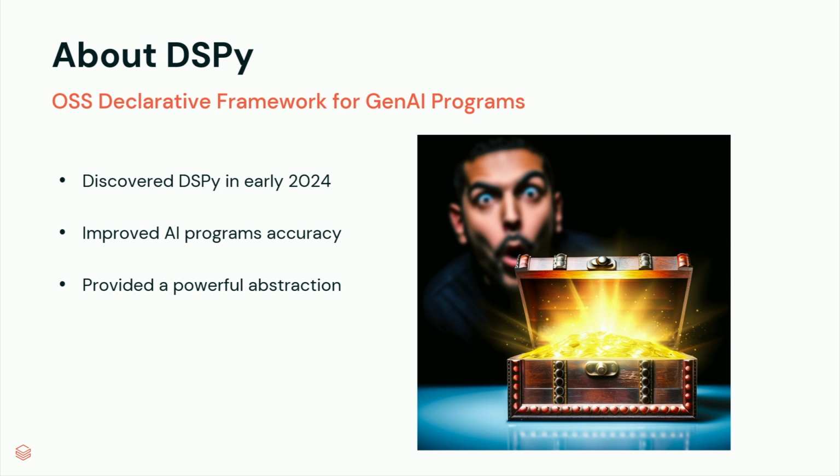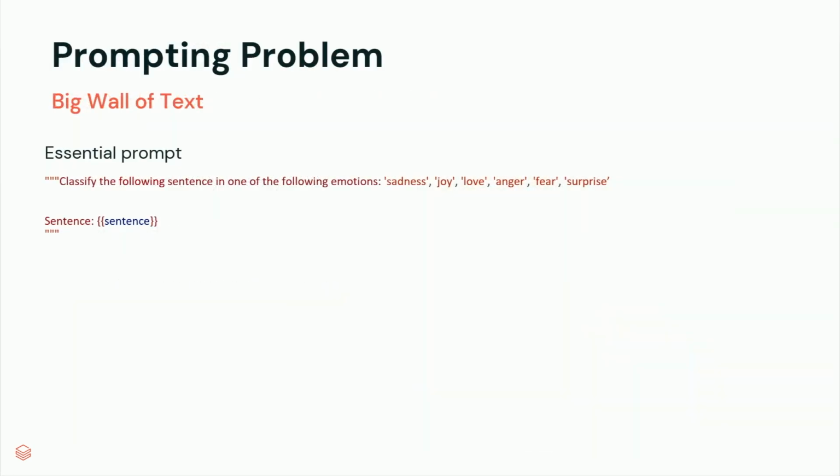So I read about this package that will give me some optimizers that I could then apply. And it not only allowed me to improve the accuracy, but also gave me a very, very nice abstraction, a very nice way of seeing the problem and prompting that I have used ever since. So I find it very powerful, and I'd like to share it with you today to give you an idea of what I mean by that.